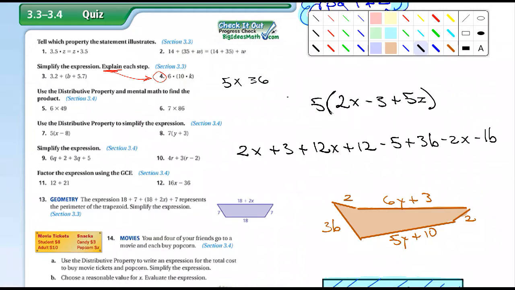If I was to use the distributive property, that really means the same thing as 5 times 30 plus 5 times 6. 5 times 3 equals 15, and then I just add the 0, so that's 150. And what's 5 times 6? 30. Plus 30, so it equals 180. Some of these you could just do in your head.